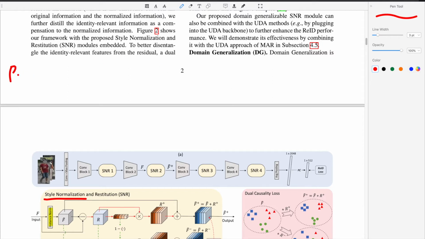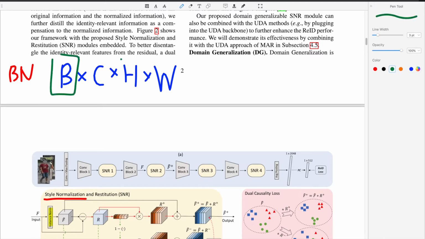In batch norm, when you have a batch size by channels by height by width dimension of an intermediate feature, you normalize the feature by subtracting the mean and dividing by the standard deviation across the batch and the height and width dimension. By doing this across the batch and height and width dimension, you have a zero mean and standard deviation of value 1.